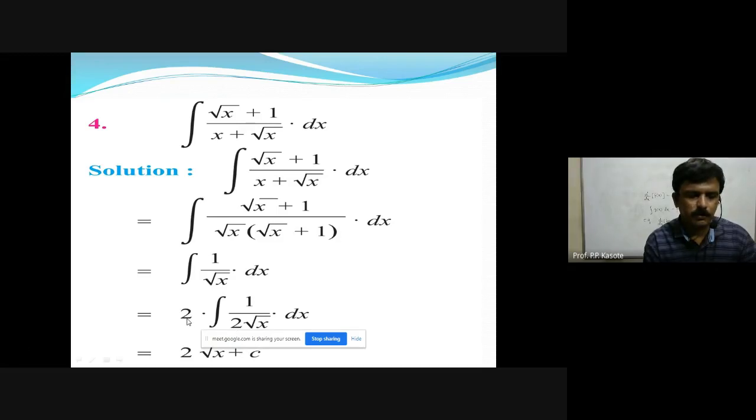We have written 2 aside and we have written 2 in the denominator, because the integral of 1 upon 2 root x I know, which is root x. 1 upon 2 root x is the derivative of root x in simple words. Therefore, obviously, the integral of 1 upon 2 root x will be root x only. So the final answer we'll write as capital I is equals to 2 root x plus c.